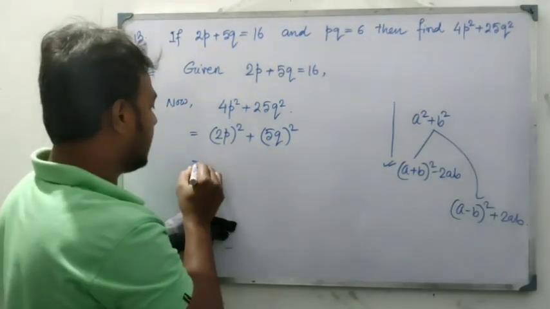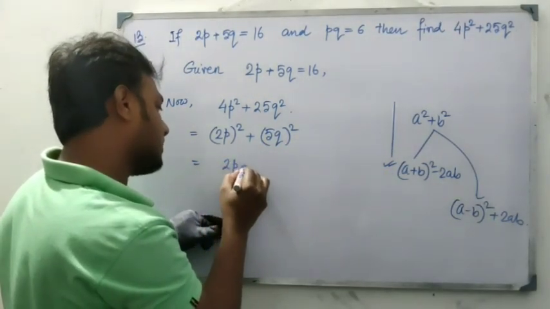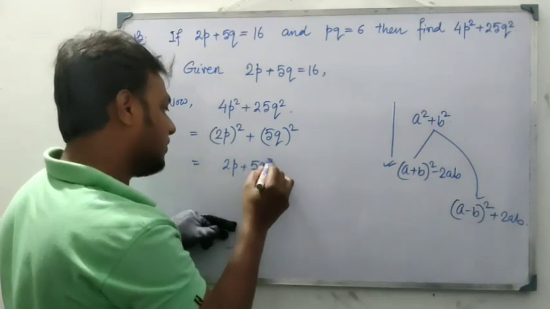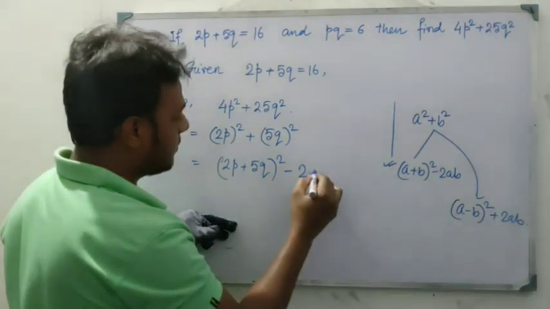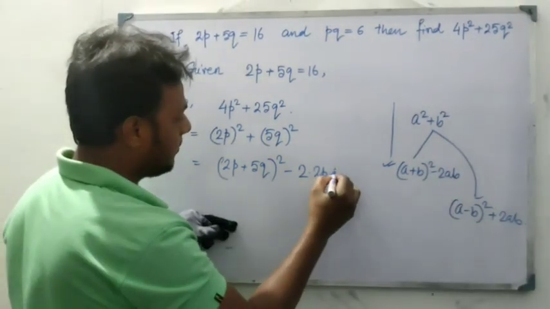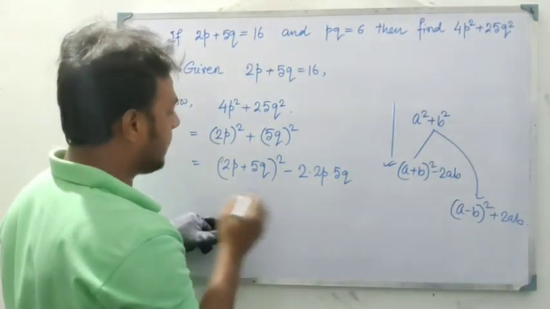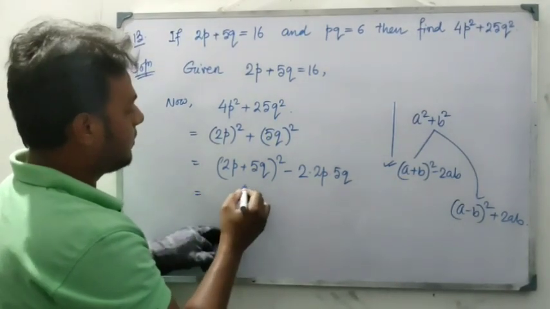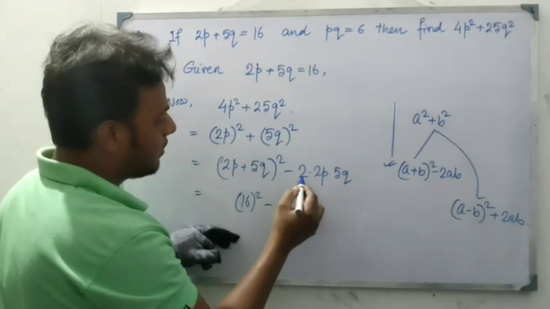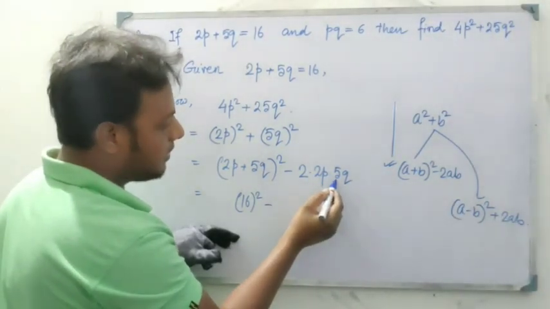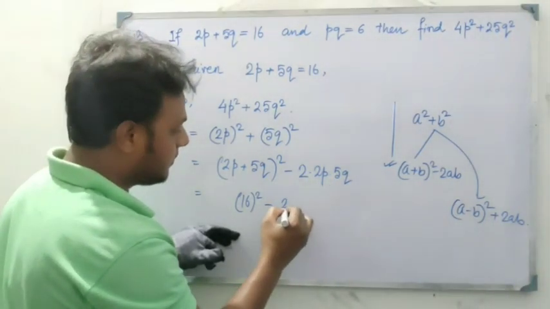So this can be written as 2p plus 5q whole square minus 2ab. 2ab means 2 times 2p times 5q. Okay. Now put the values. This equals 16 whole square minus 2 into 4, 4 fives are 20. That means 20 pq.